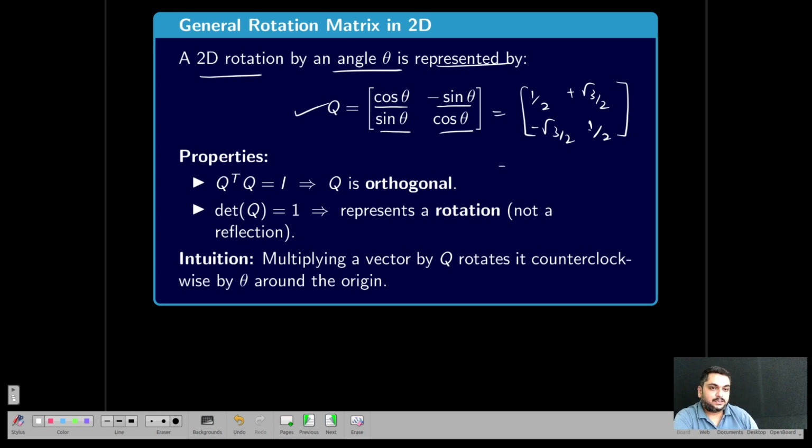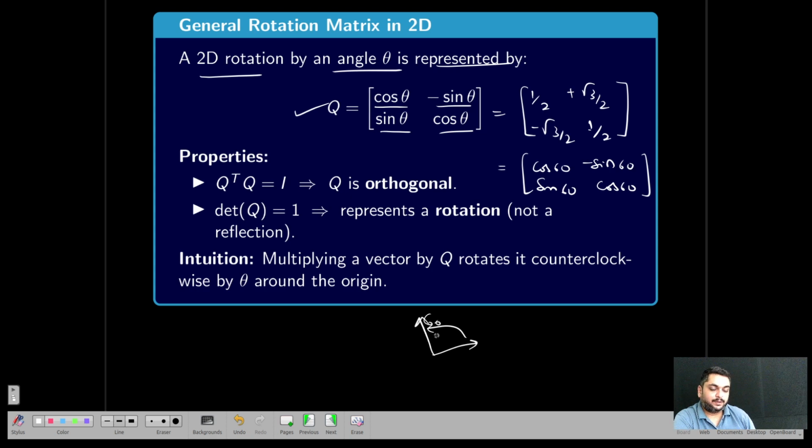If you observe here, this is nothing but cos 60, minus sin 60, sin 60 and then cos 60. So this actually is rotating counterclockwise. So say that initially somewhere it was here, okay, the vector. So counterclockwise 60 degrees.